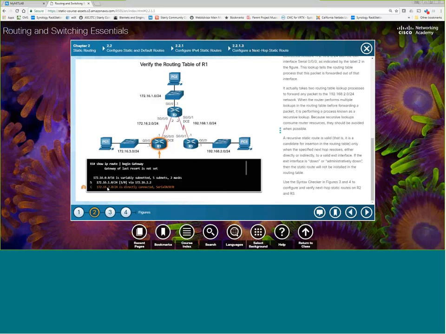This recursive lookup, we're using next hop IP because it's saying to get to this route, I've got to go to this next hop IP address, but then I've got to know where that network is. And so it's got to go back up in the table and find that network. Again, with CEF, not a big deal anymore, but in the olden days, we would always say use outgoing interface so you wouldn't have to worry about a recursive lookup.